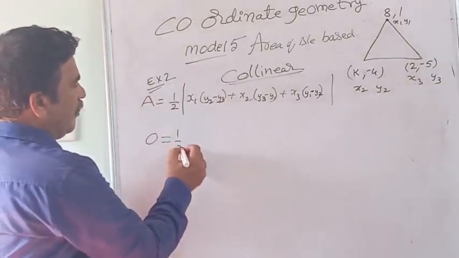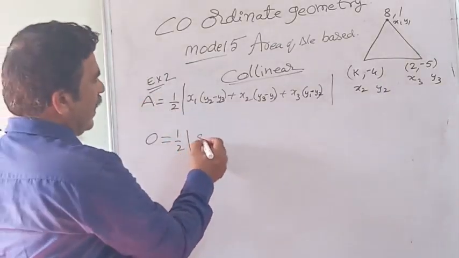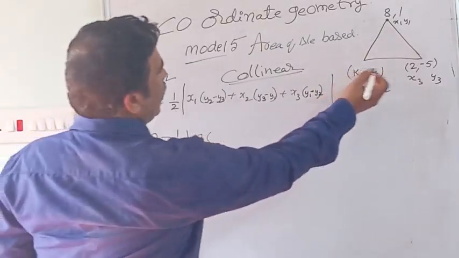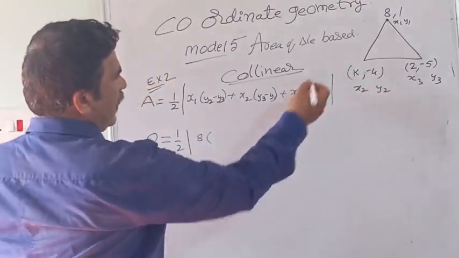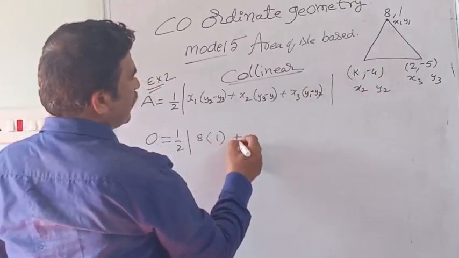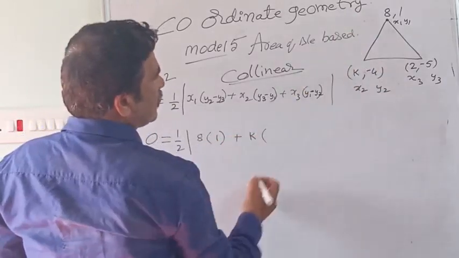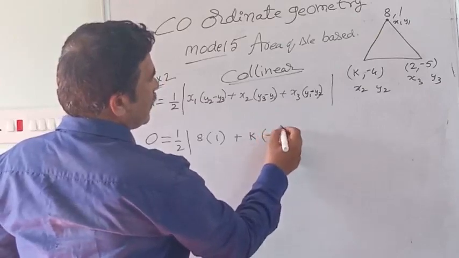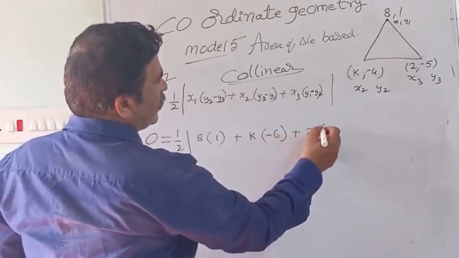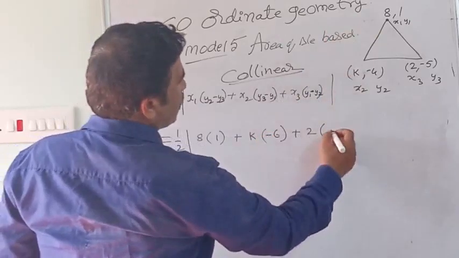Now half only. x1 is 8. y2 minus y3 same 1. x2 is k. y3 minus y1 is minus 6. x3 is 2. y1 minus y2 is 5.